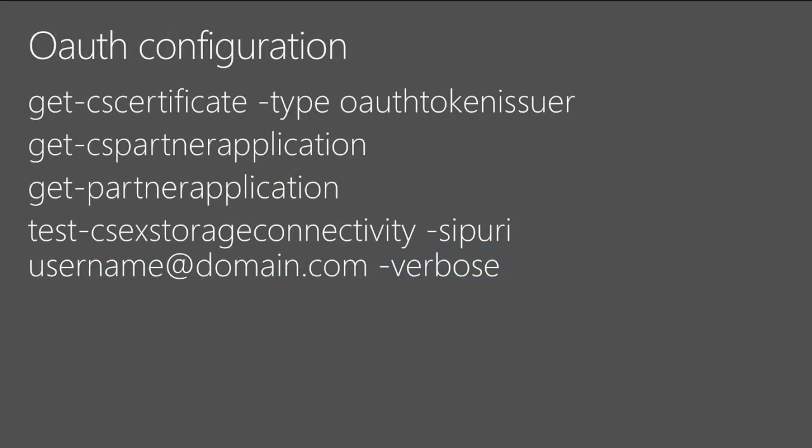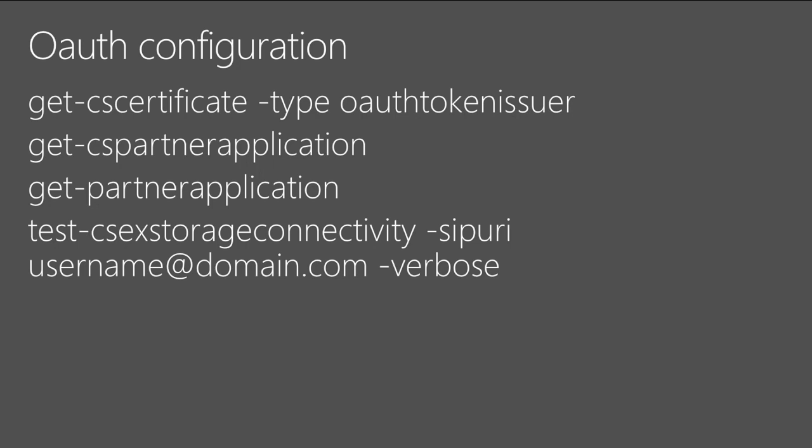So here are some command lines that you have to be familiar with if you're going to set up your OAuth configuration. I'll demonstrate these to you. I've got a little script to run. You'll see these: Get-CsCertificate, Get-CsOAuthTokenIssuer. There's a command line here that we can run in Skype for Business to look at the connections, the partner applications, and the second one listed here, the Get-PartnerApplication, is the one we would run in Exchange to make sure Exchange trusts Lync or Skype for Business.